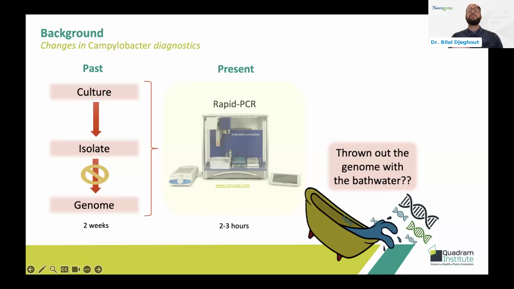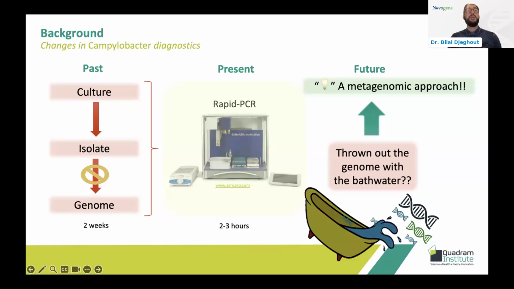We lose crucial information regarding resistance profile, strain types, and also potential contributions from other Campylobacter species in cases labeled as unknown symptoms. Here in this study, we propose a metagenomic approach that will allow us to reclaim that discarded genomic data.